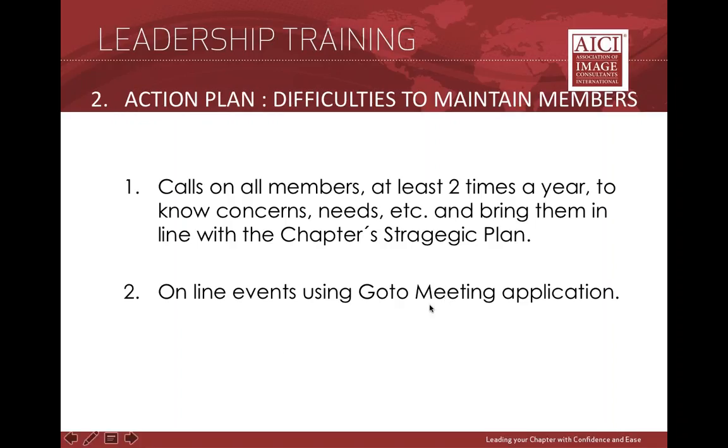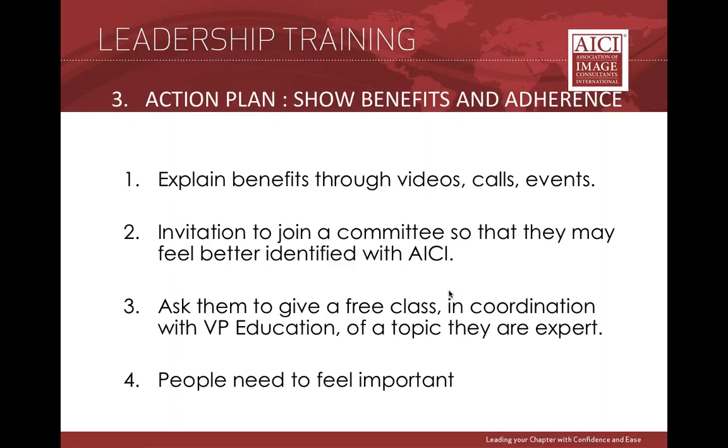And also use online events like GoToMeeting, Skype, etc. That can be another way of reaching all the members.